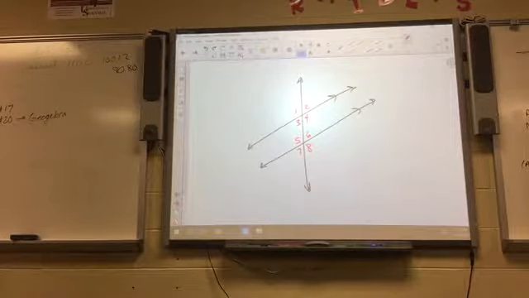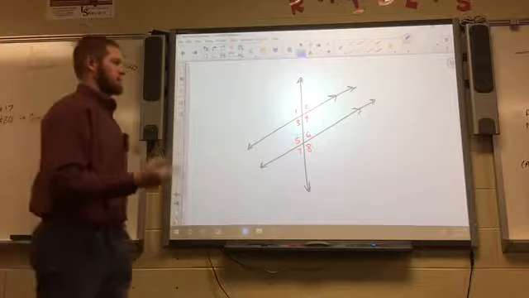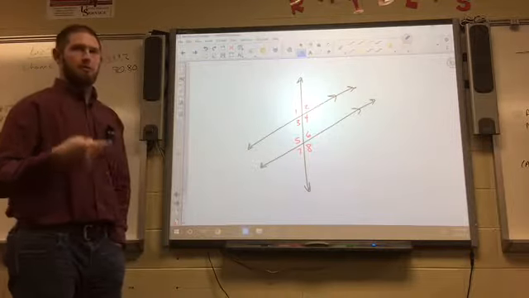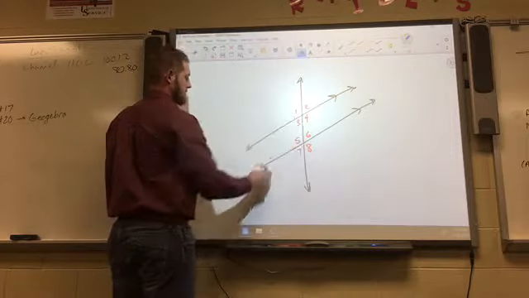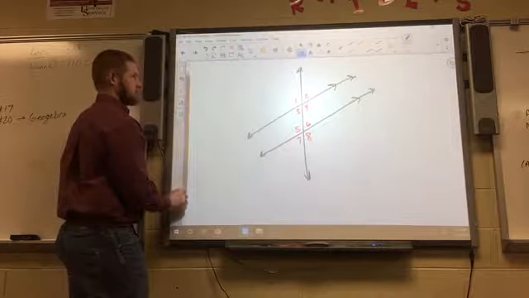Okay, that's the one where it seems like a trick because we're so used to things being congruent. Vertical angles congruent, corresponding congruent, alternate interior congruent, alternate exterior congruent. Consecutive interior though are supplementary.